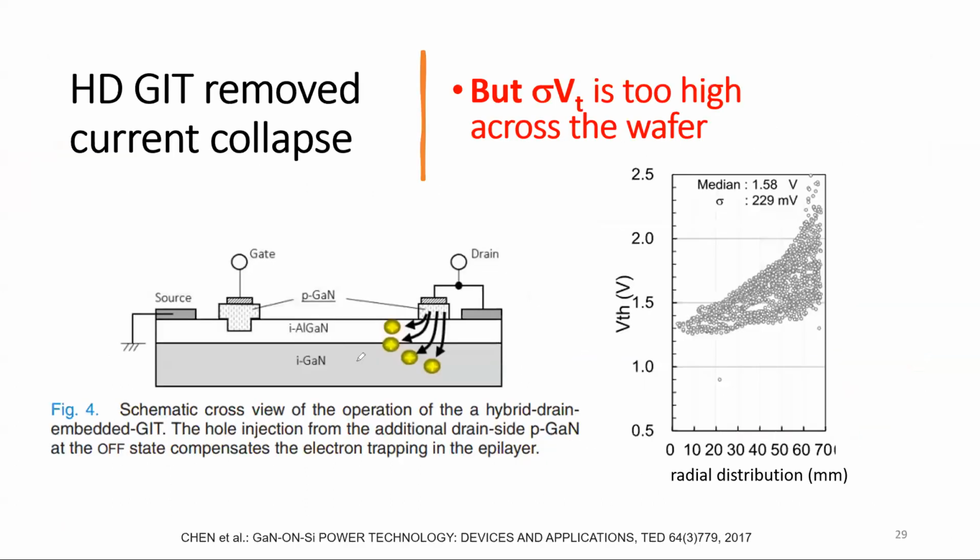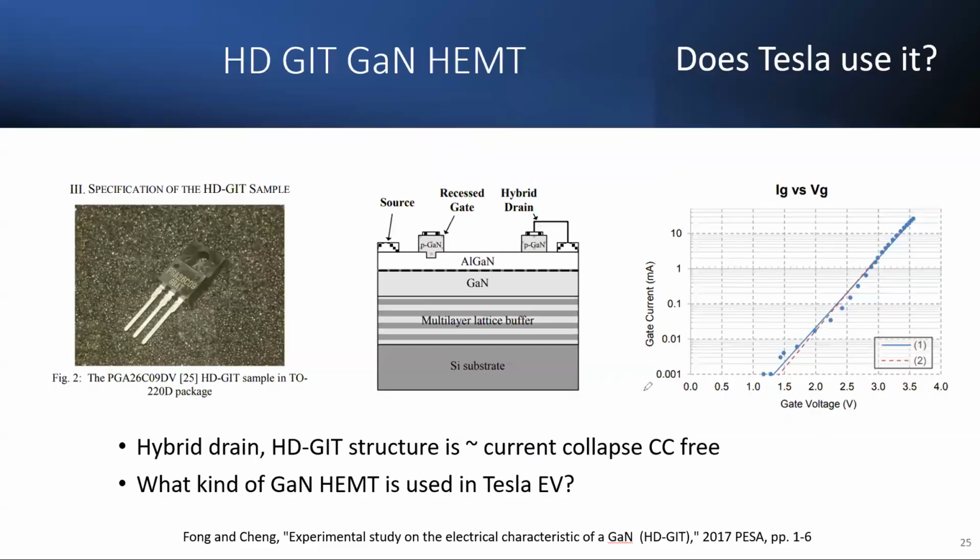How about the Panasonic devices? These are all hunky-dory, pretty good, but it turned out that it's not good enough. The reason being that they did the device across the wafer and found the variability in the threshold voltage. Wow, the spread. This spread is huge from 1.3 volts, as we saw here. Remember, they did a very nice job. One device, okay, 1.3 volts.